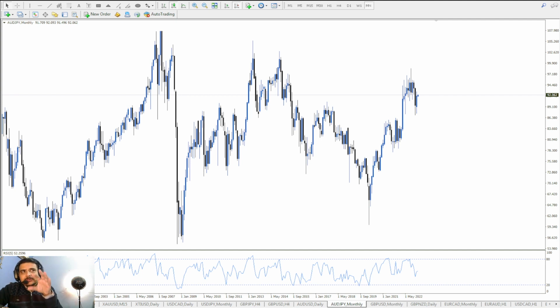I will also be teaching you and sharing my own method, how I find these structures and make plans for myself that work really well and give me profits. So let's have a look at this chart.